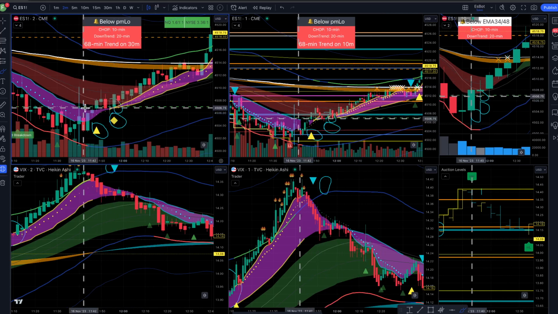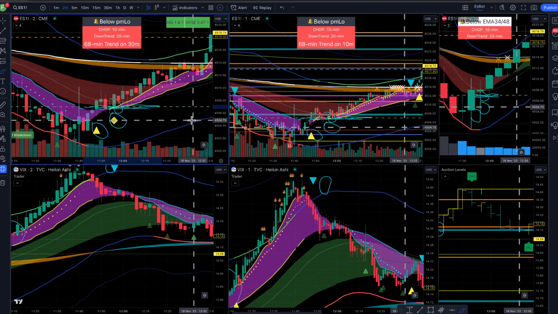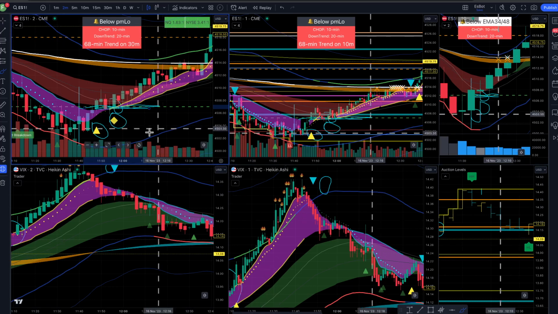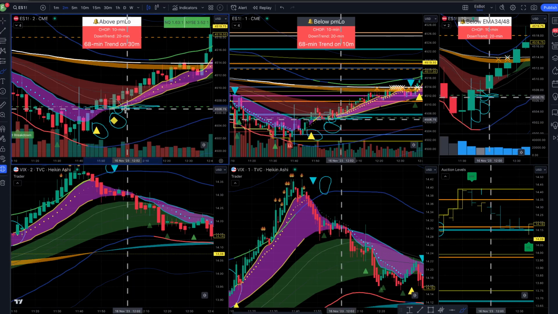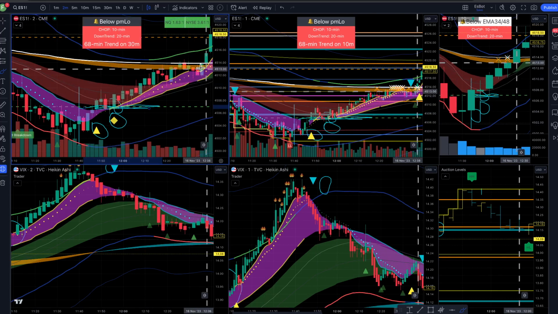But what I like about it is that we're above the Mancini level. So these Mancini levels are really very important as confidence. So we're above it. So our next target is the 48 and the VWAP.